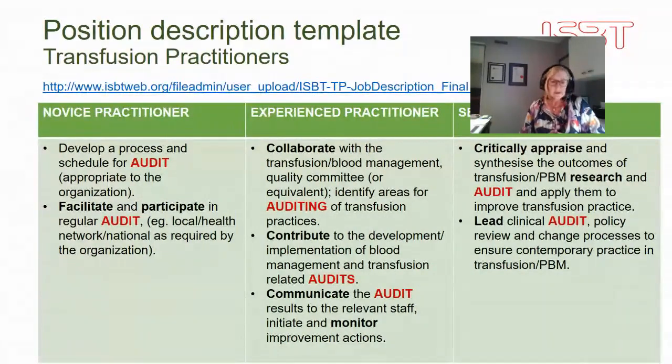And here you can see this actually highlights what aspects of audit each one of those roles could be involved with. So we've put this template together just to help health services to develop position descriptions for either their new transfusion practitioners or to extend the role of someone in their organisation. So this is available through the ISBT website if you'd like to review that.